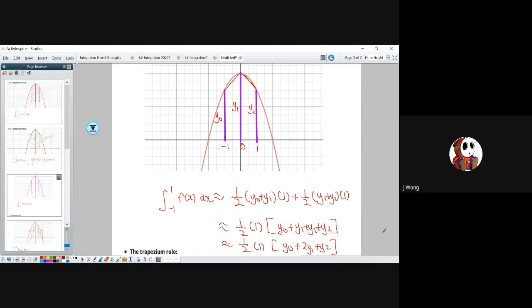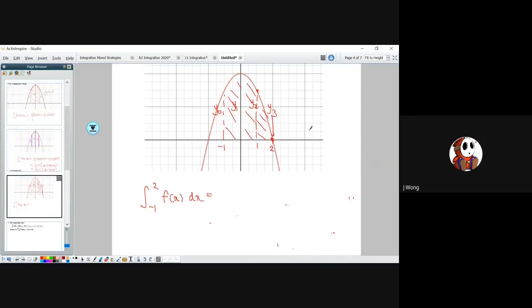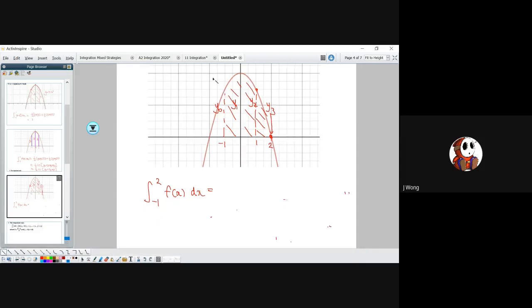So we'll just do this process one more time, and let's see if you can guess it. In this case, I want to find the area not only from -1 to 1, I want to find it from -1 to 2. So I'm going to add another shape there so that it can help us out a little bit.